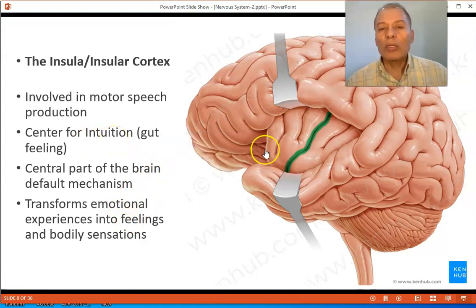It is also a center for intuition. For example, when you feel something is going to happen, you see someone walking, so he's going to fall. Didn't I tell you? So I had the intuition. These intuitions are basically calculated by the insular cortex, and it communicates with various areas of the brain.